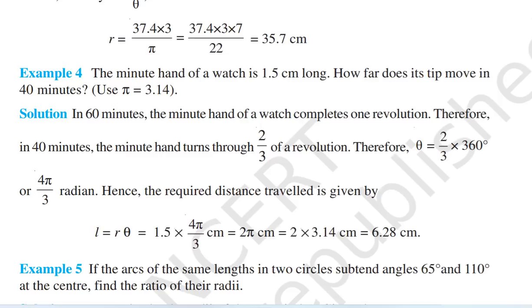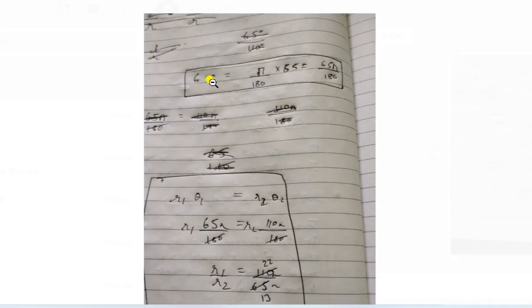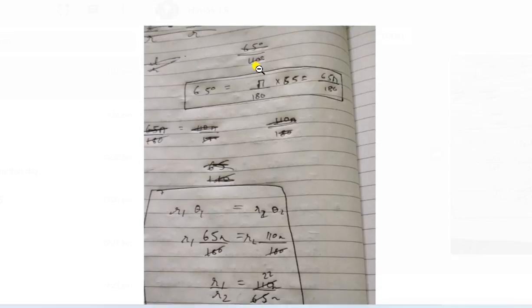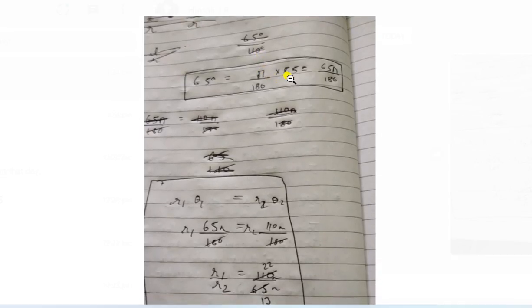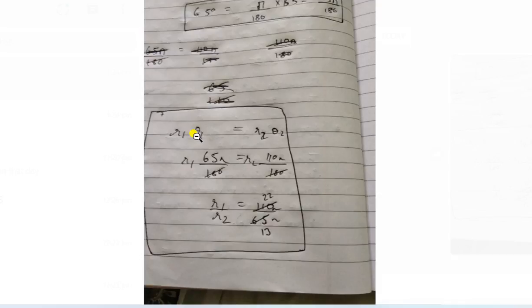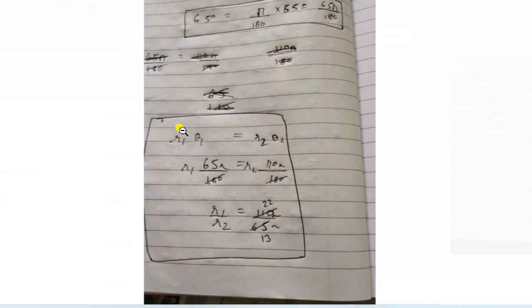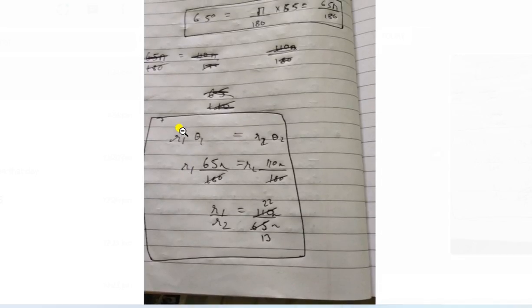Calculate, and I'll also show my screen of what I've calculated on paper. First we convert degrees into radians by multiplying by pi by 180. As the arc lengths are the same, r1 into theta 1 equals r2 into theta 2.